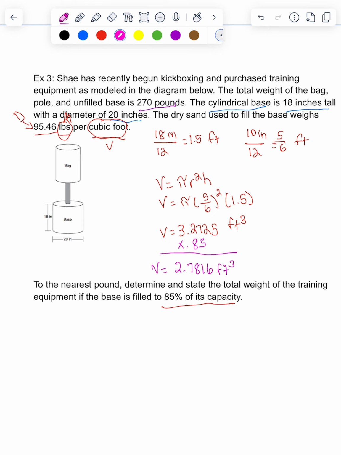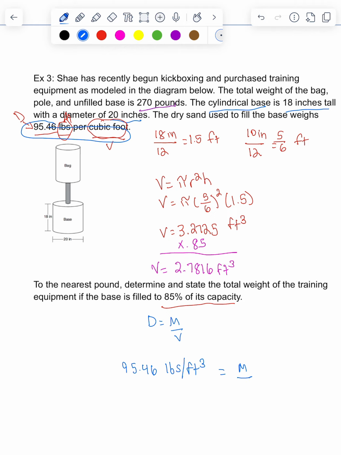Now, since I have the volume to 85% of the total capacity, it's time for me to figure out the weight. In order to do that, I need to find the mass, so I need to use the density formula and the density that they provide in the question. So density is m over v. The density provided is 95.46 pounds per cubic foot.